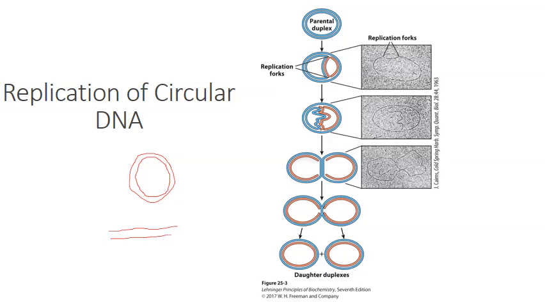So the DNA in bacteria is circular, and they need to replicate this circular piece of DNA. The replication starts at what we call the origin of replication. We'll talk about that a little more closely in a second. And we create two daughter duplicates of that original circular DNA.